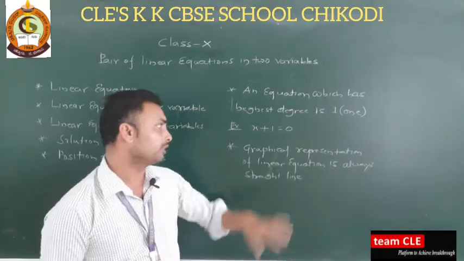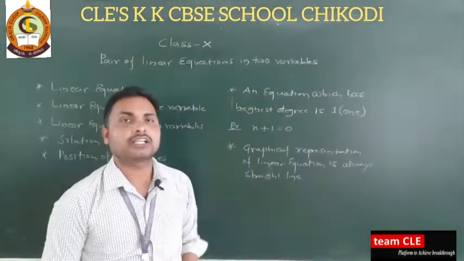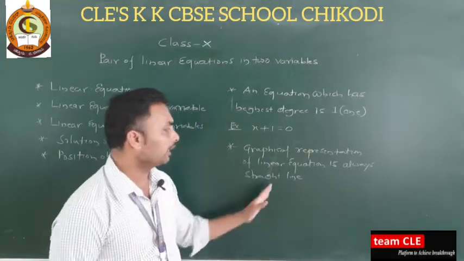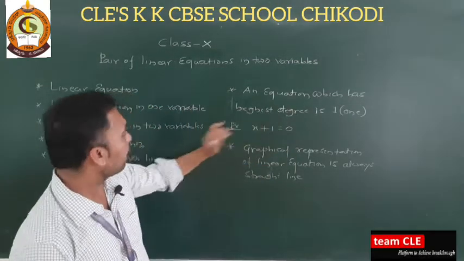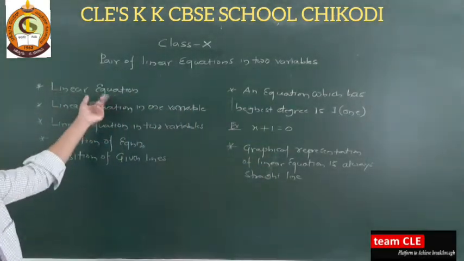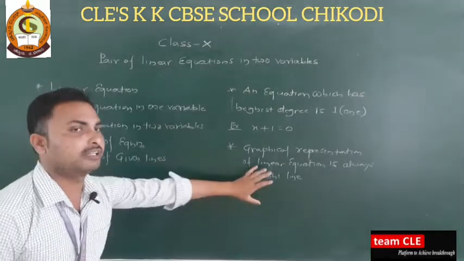When you plot this equation on a graph, you will always get a straight line. So this is regarding the definition of linear equation and its graphical representation.